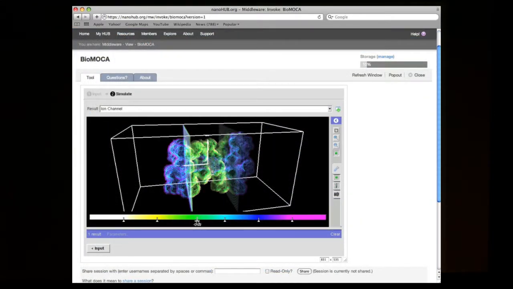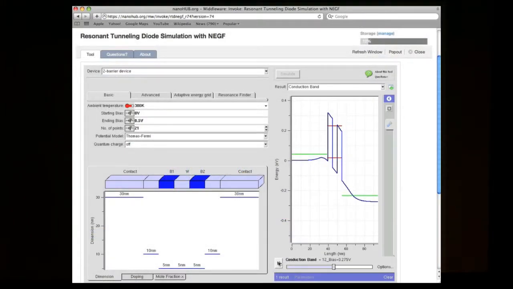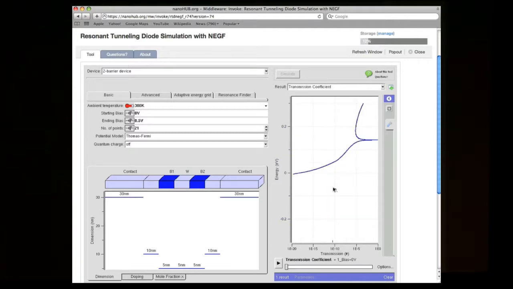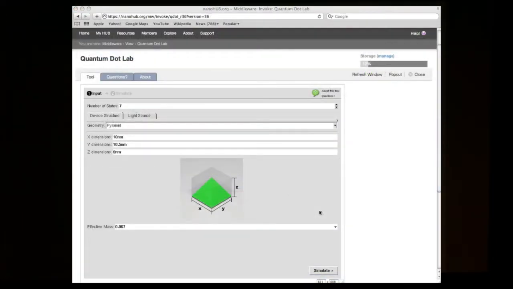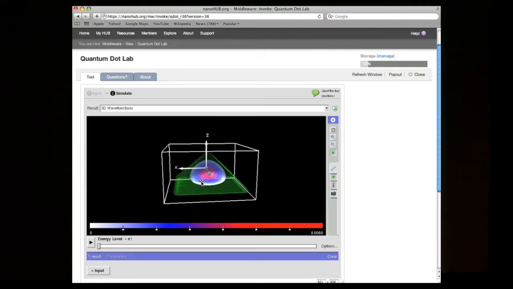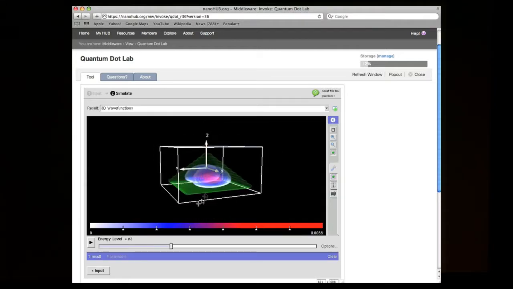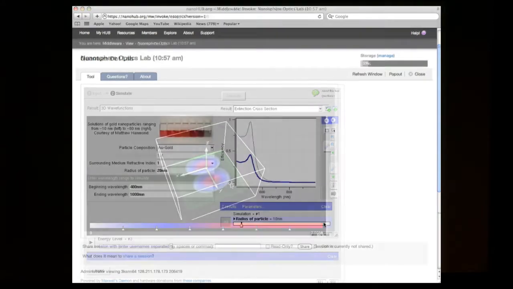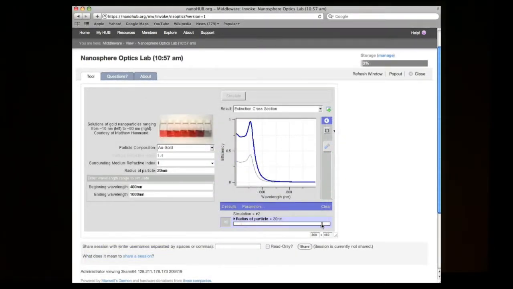This is a biological pore where ions flow through. This is a device we worked on at TI called a resonant tunneling diode. This is a quantum dot where you can make an artificial atom and have s and p orbitals, a structure that consists of millions of atoms.